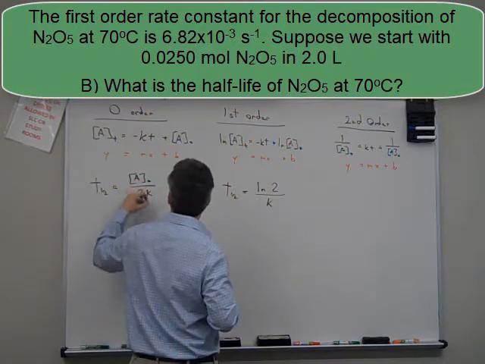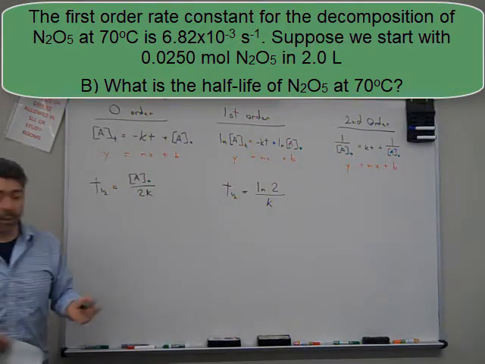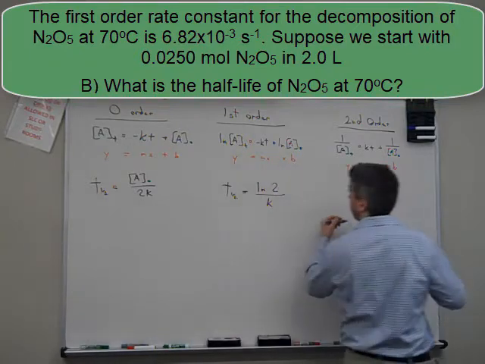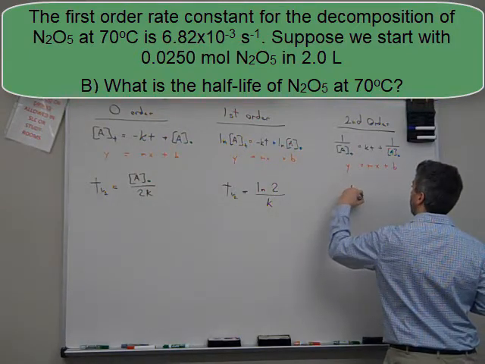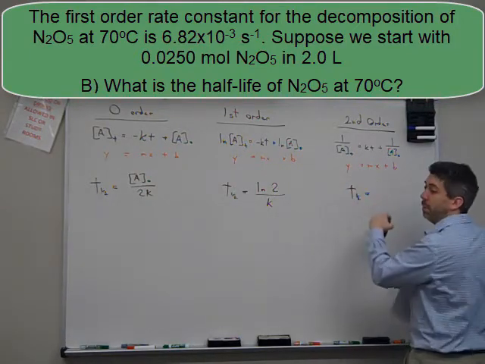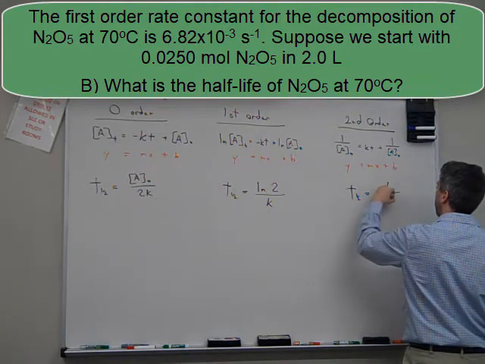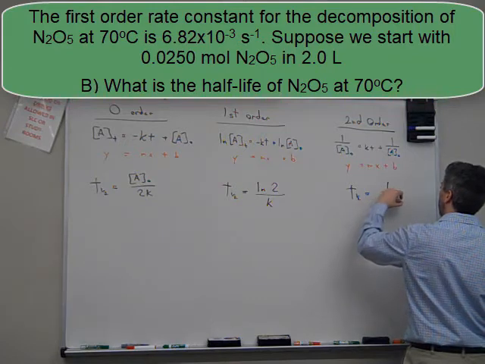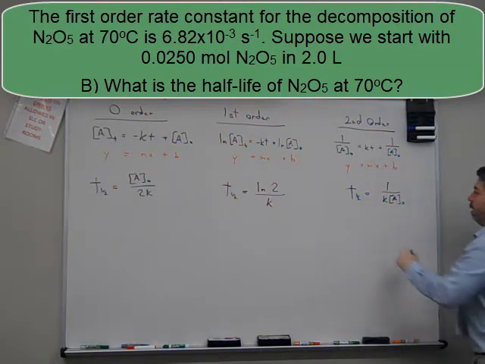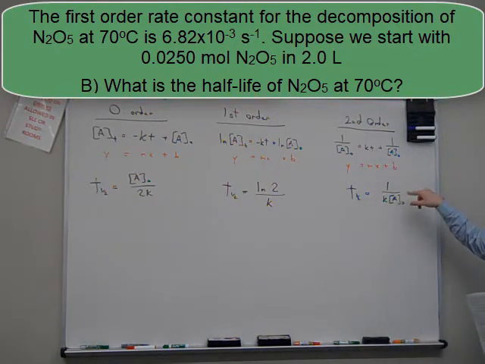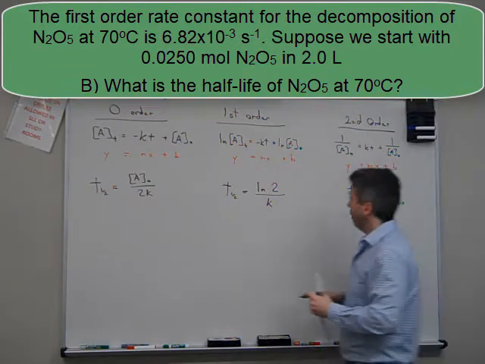And for a second-order reaction, it's 1 over k times the concentration of A initial. And there's not a 2 there? No. Yeah.